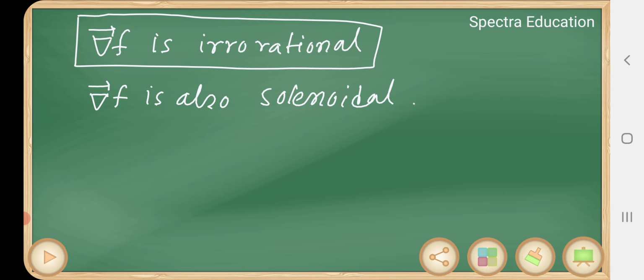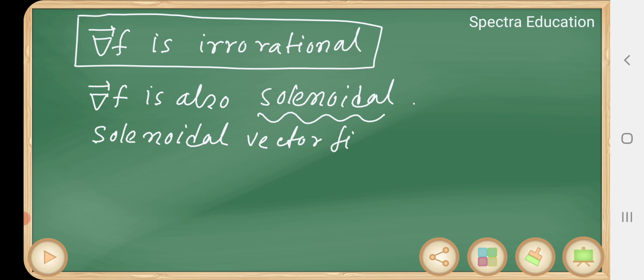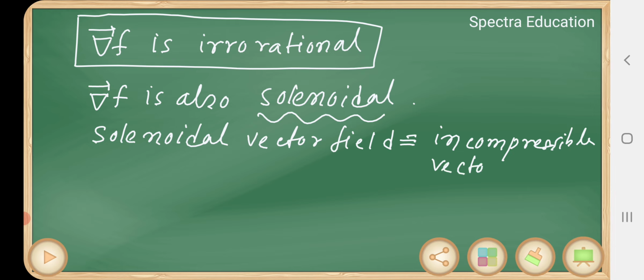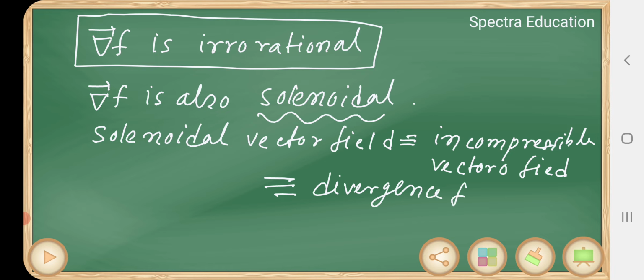What do we mean by solenoidal? A solenoidal vector field is equivalent to an incompressible vector field, or the same quantity, it is equivalent to a divergence-free vector field.